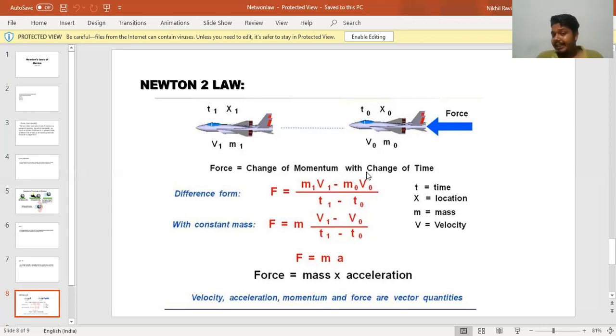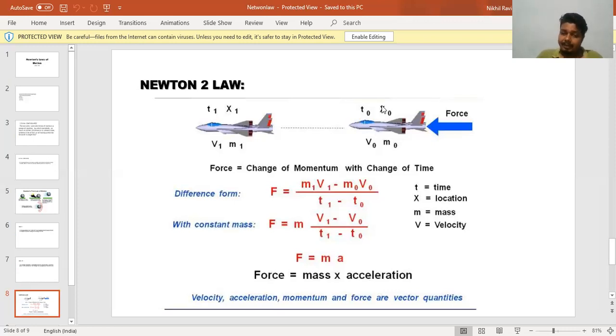If we take mass as constant in this scenario, then m is common, because m1 equals m0. In the rightmost picture, the mass is the same with respect to the uniform speed of any object. So m1 equals m0, and we take m common: m into v1 minus v naught divided by t1 minus t naught.